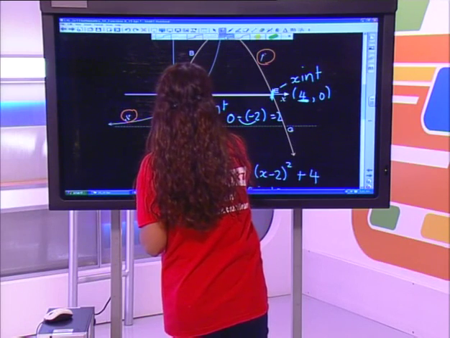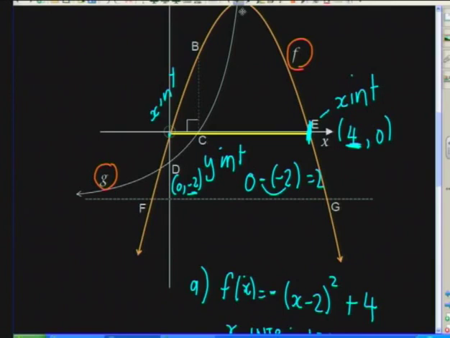OC is from the origin to a point on the exponential graph. Not just any point, a specific point. This is the x-intercept of the exponential graph. So if I know the coordinates at point C, I can simply subtract to find the distance from O to C.